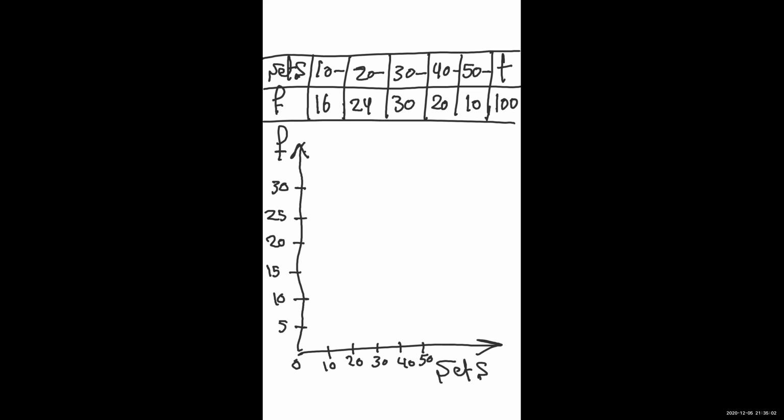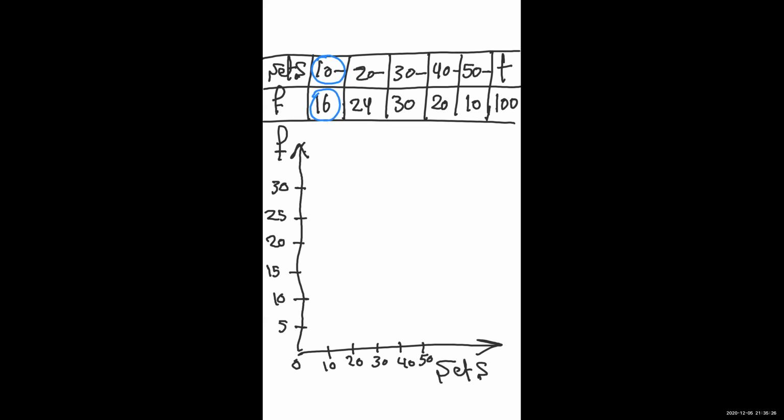Okay, guys? First, concentrate with me. I'm going to draw a rectangle whose base is the set of 10 and its height equal to 16. So here, the first set, 10 and 16.